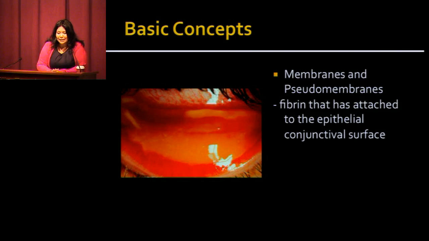Okay, so an intense inflammatory reaction can also cause another clinical entity known as membranes and pseudomembranes. So who can tell me the difference between a membrane and a pseudomembrane? Well, it's supposed to be whether it bleeds, but they all bleed, I feel like. They do. Pseudomembrane's not supposed to bleed, technically, when you pull it off. Right, and do you know why?